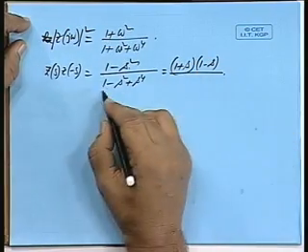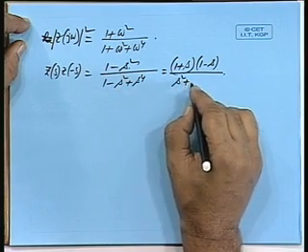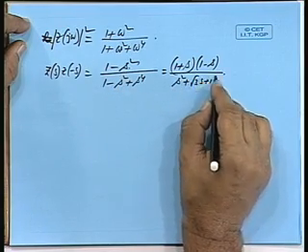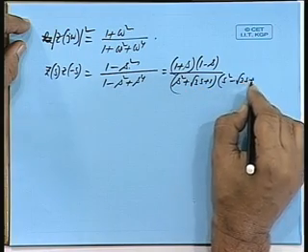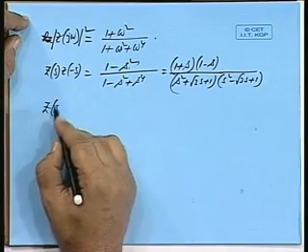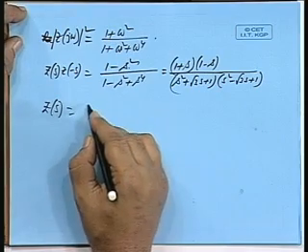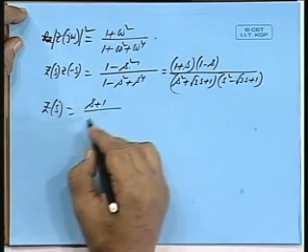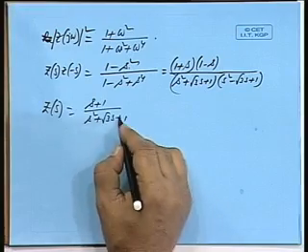Okay. And how much is this? (s squared plus root 3 s plus 1) into (s squared minus root 3 s plus 1). Okay. So how much is Zs? Choose only the left half plane roots. So (s plus 1) by (s squared plus root 3 s plus 1).